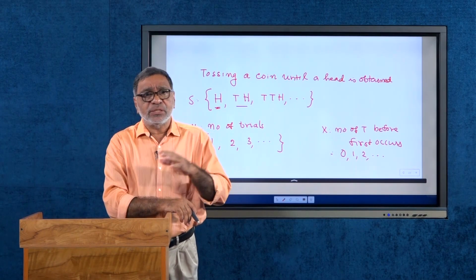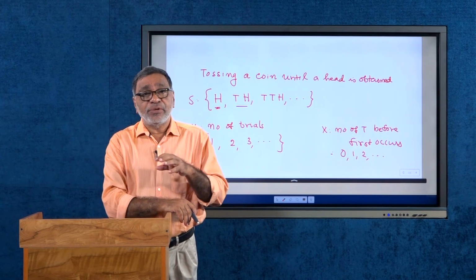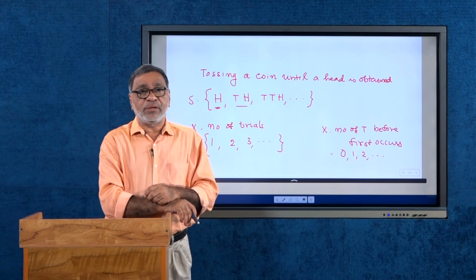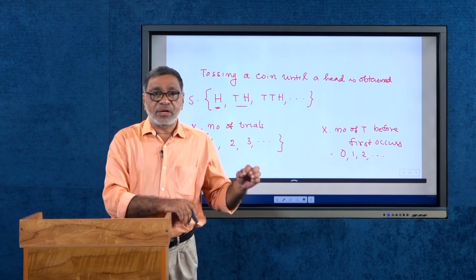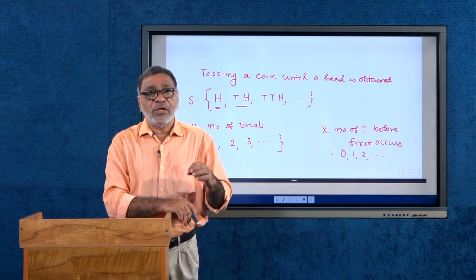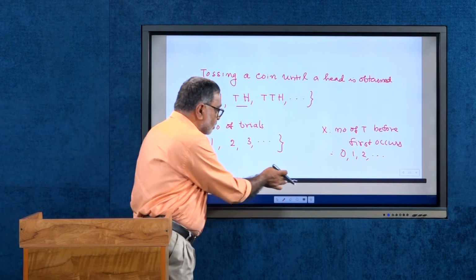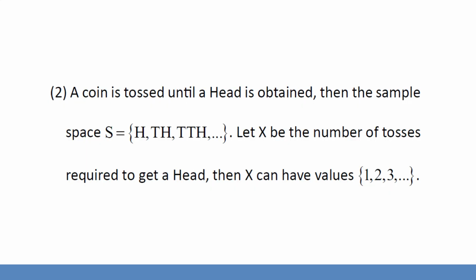These are the two cases of the concept of the discrete random variable. So x is a discrete random variable because it has a finite number of values or infinite but countable number of values. That is an example for a discrete random variable, where the coin is tossed until a head is obtained.